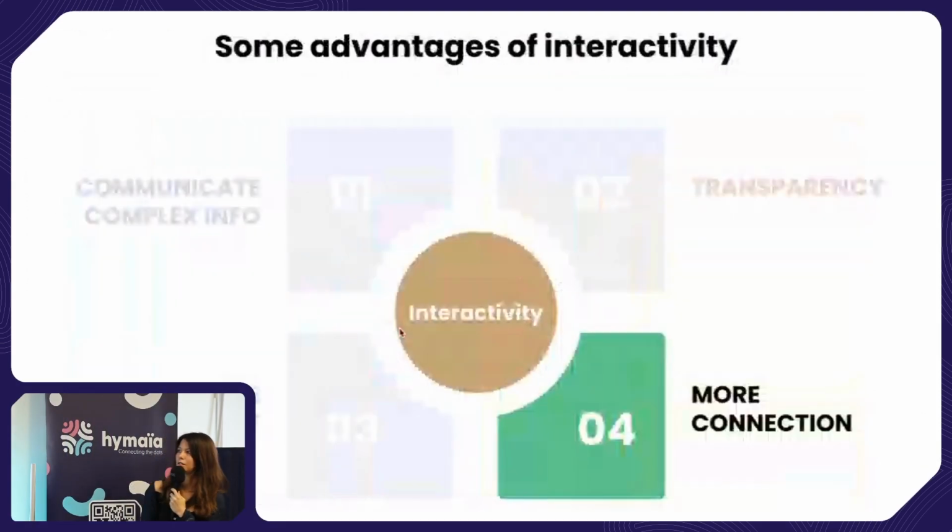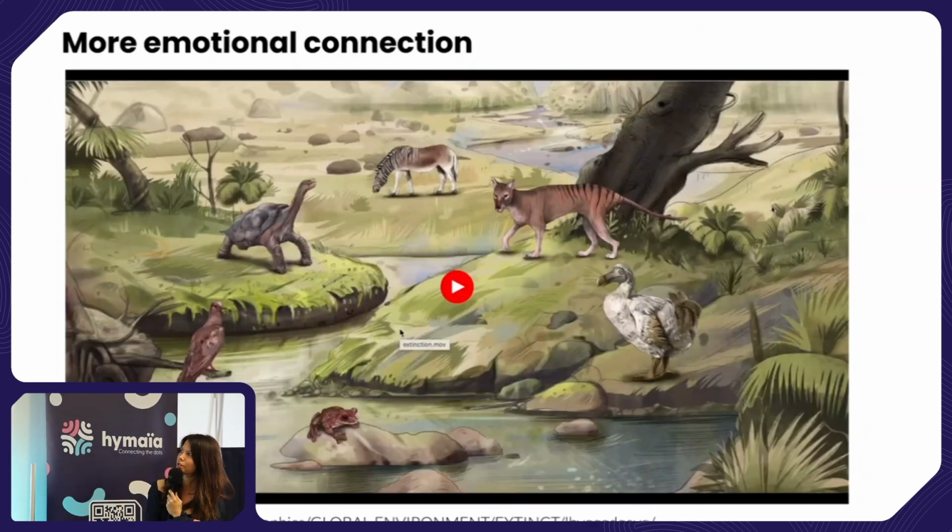And finally, interactive stories on the web have the potential to be more immersive. This way, you can create more emotional connection with the user. For example, interactions can also be scroll-based animations. This is a piece I made with Reuters on the extinction crisis.